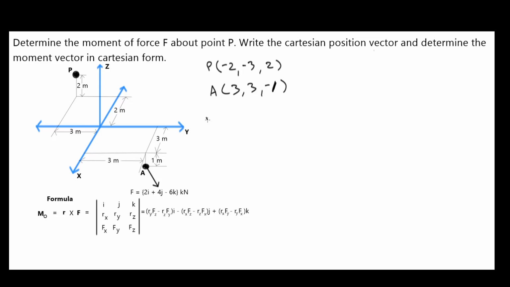I like to line my 2 points up like this, so I know exactly how to subtract without getting confused. For our x value, or our i hat, it's going to be 3 minus a negative 2.